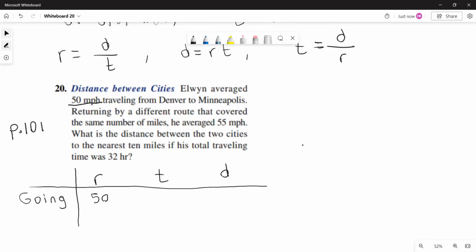Let's write the variables on the side. On the returning trip, he averaged 55 miles per hour.